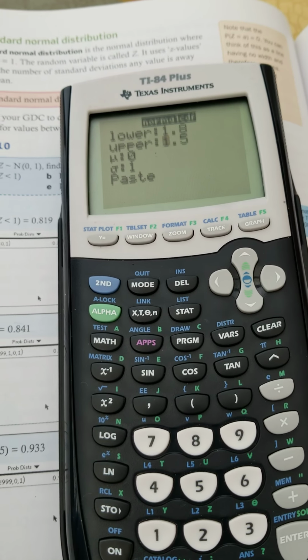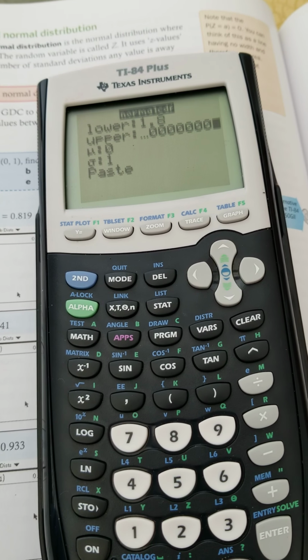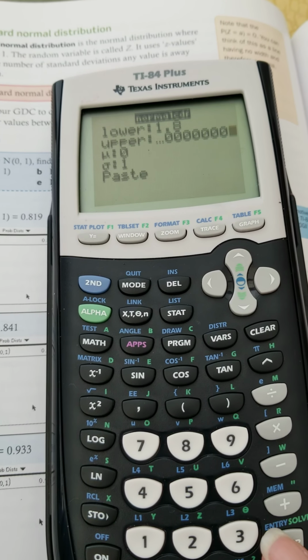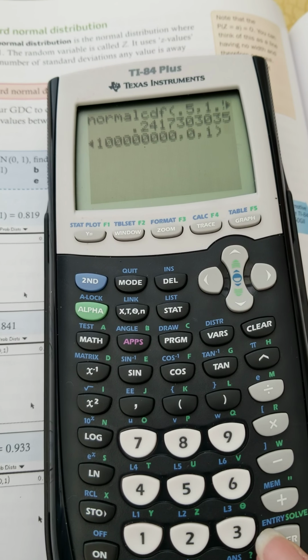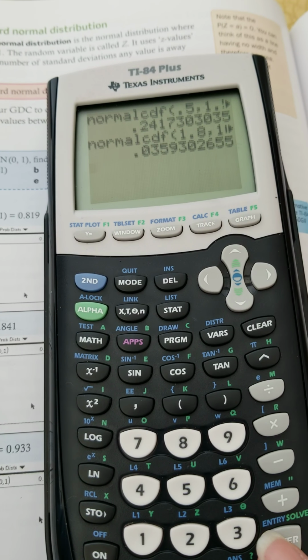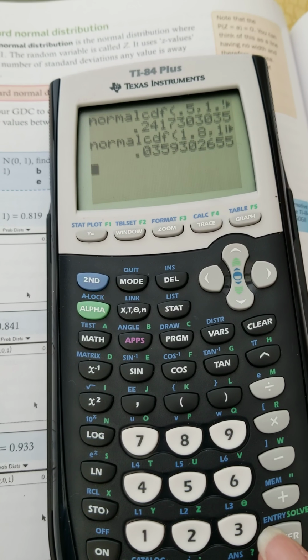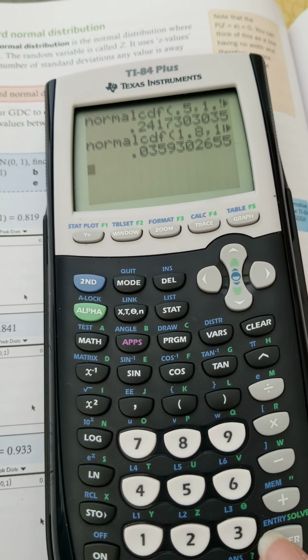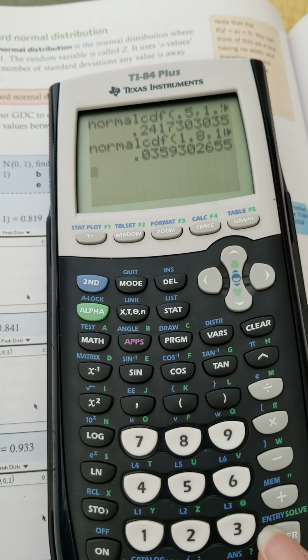So I'm going to make it super big just to be safe. And again, the mean is 0, standard deviation is 1. And the answer is about 3%, 3.5% is the probability that Z is greater than or equal to 1.8.